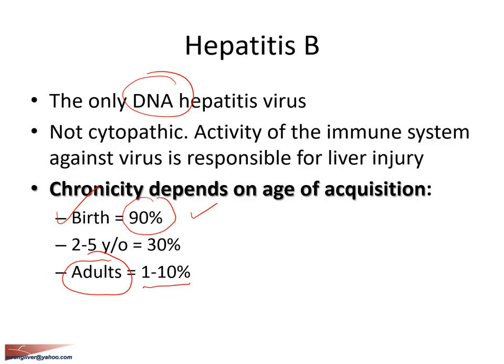However, having said that, adult patients who get hepatitis B will be more likely to be symptomatic when they get the acute infection compared to a patient who had the infection perinatally. The principle is the same because of the maturity of the immune system.